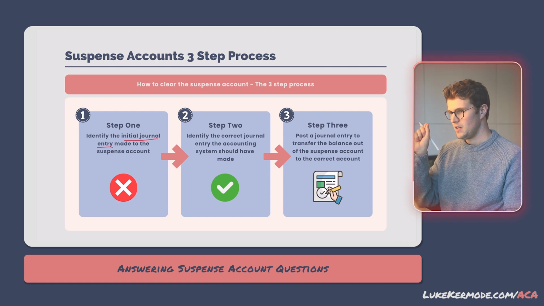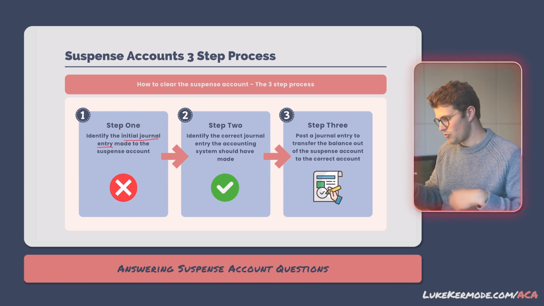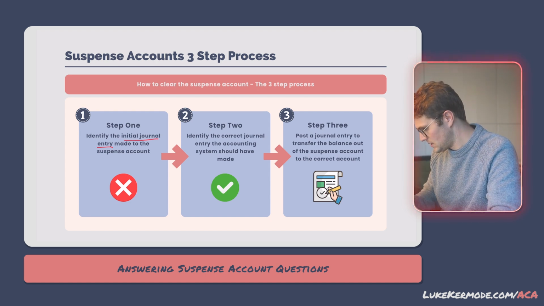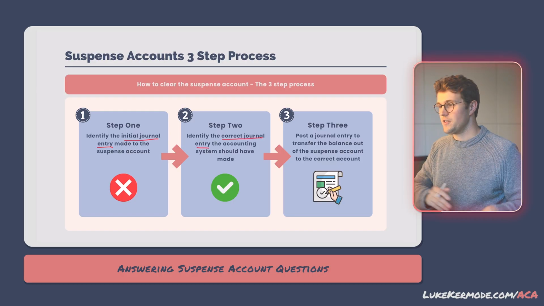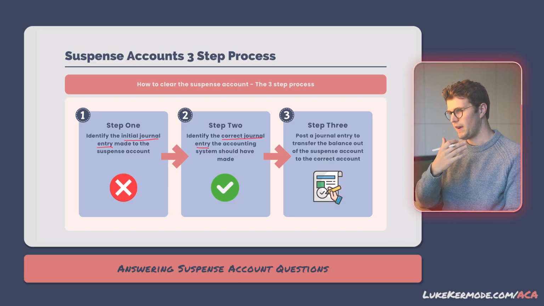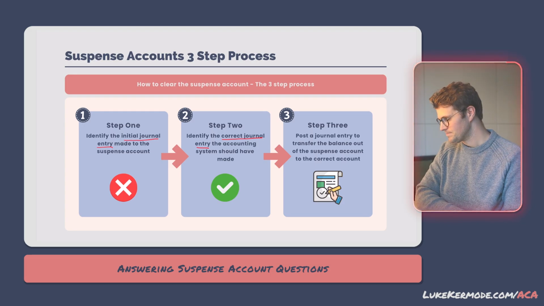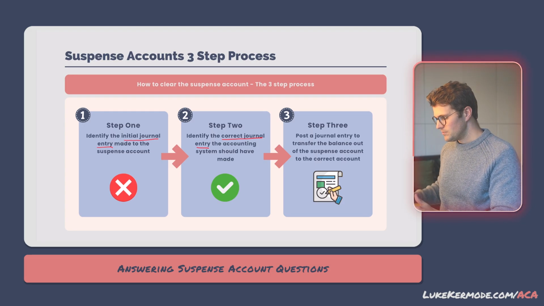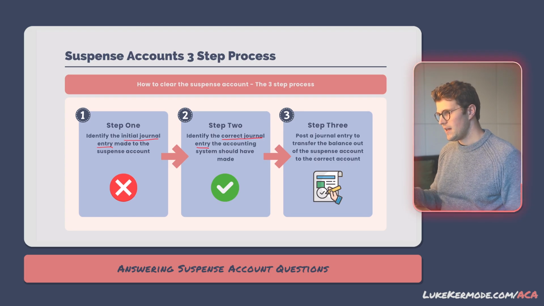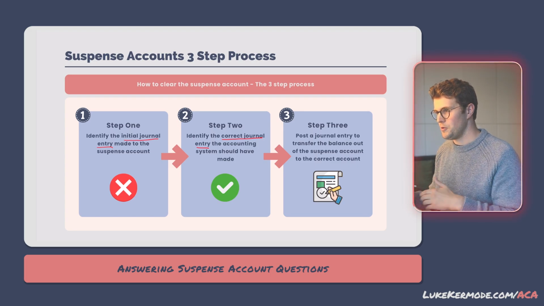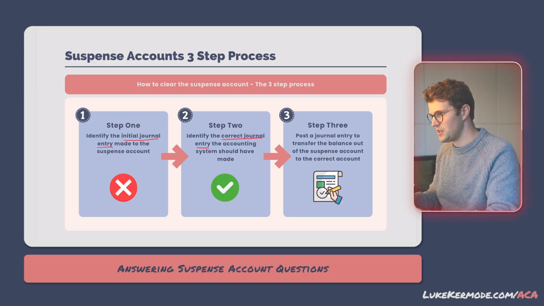So it's the suspense account side that we will be looking to adjust through this process. Second step, at this stage we identify the correct journal entry the system should have made, the one that reflects the true nature of the transaction and allocates the transaction to the correct nominal ledger accounts. And finally, in the third step, we clear the suspense account balance down to zero by posting an adjusting journal entry.